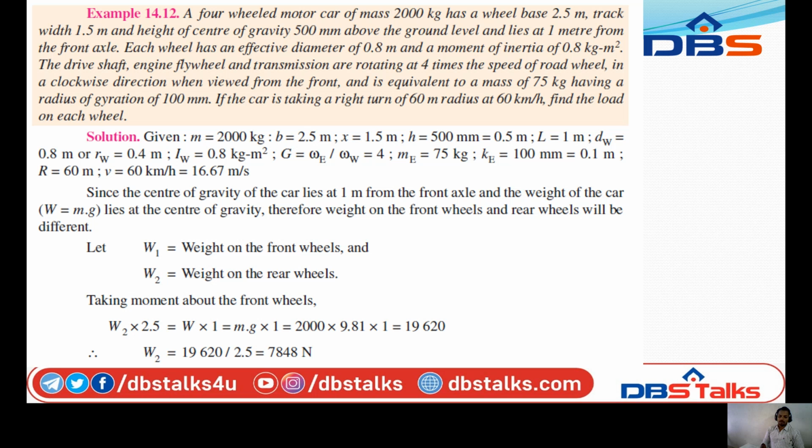We know that the car weight is carried on the four wheels, that is the load on the front wheels and the load on the rear wheels.